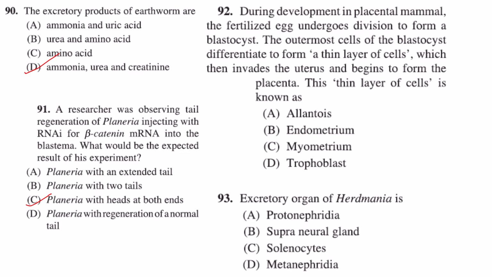Okay, so a researcher was observing tail regeneration of planaria, injecting RNAi for beta-catenin into the blastema. So what would be the expected result? It will get heads at both the ends because beta-catenin is normally active at the tail end. So if you inject RNAi for beta-catenin mRNA, it will disrupt the beta-catenin function at the tail end.